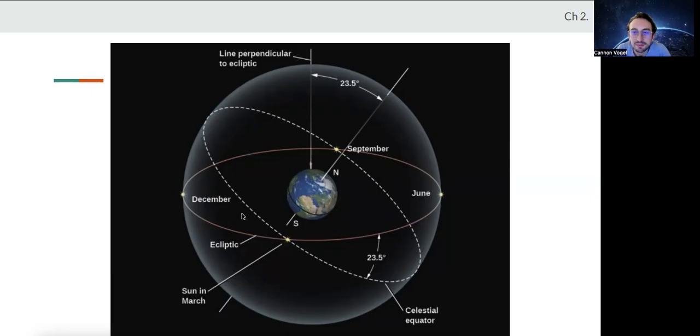So here in this picture, it looks like our horizon, but that's just a coincidence. Basically the sun here is following the ecliptic path, and the celestial equator is this dashed circle line. And so when it's December, you see the sun will be over here on the left. That will be its position in the celestial sphere. So it'll be near some constellations, not others.